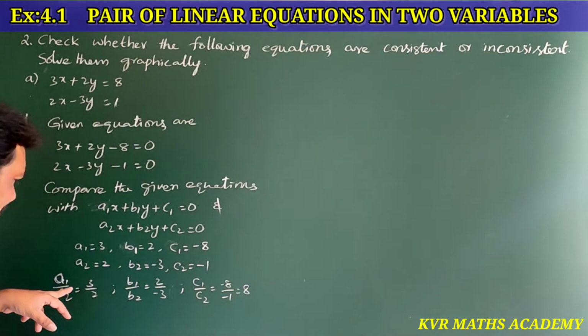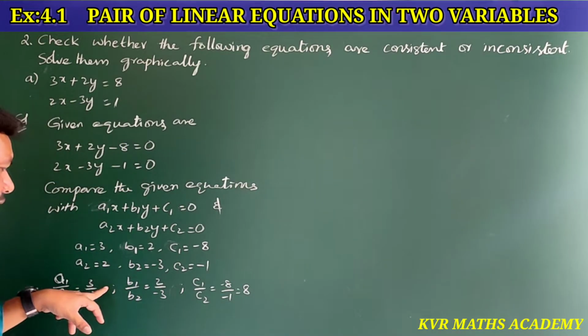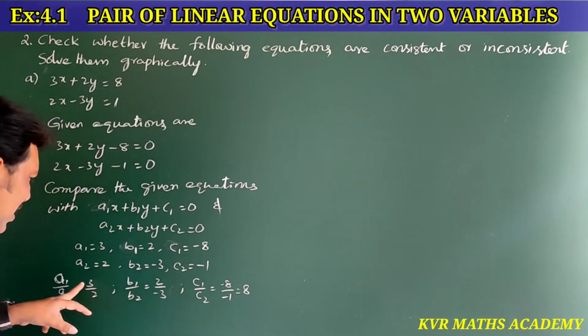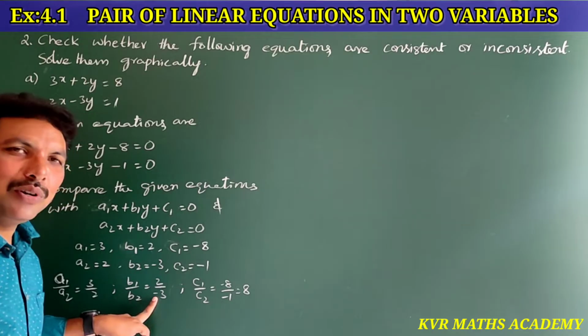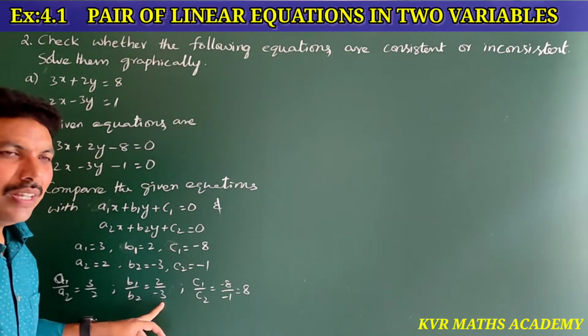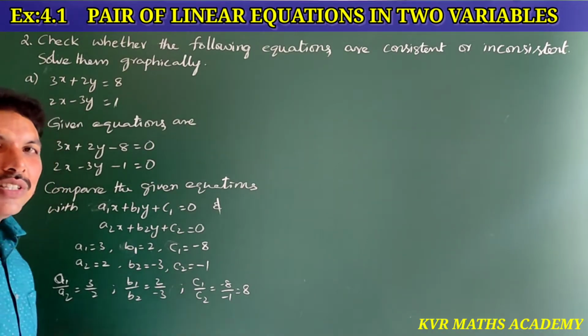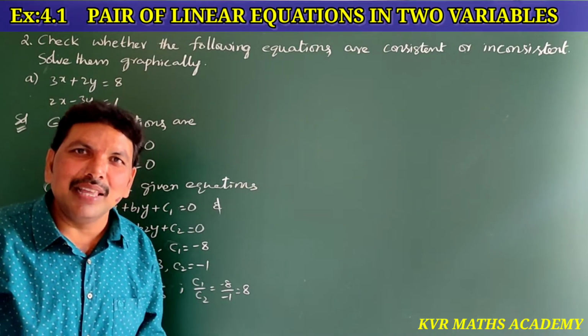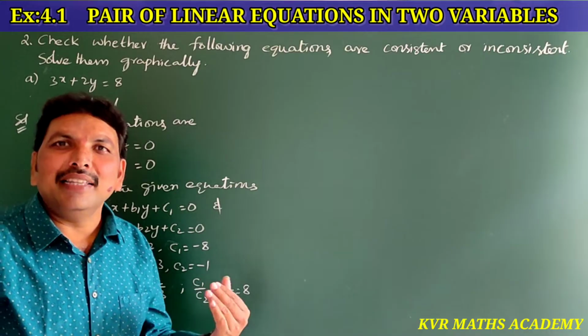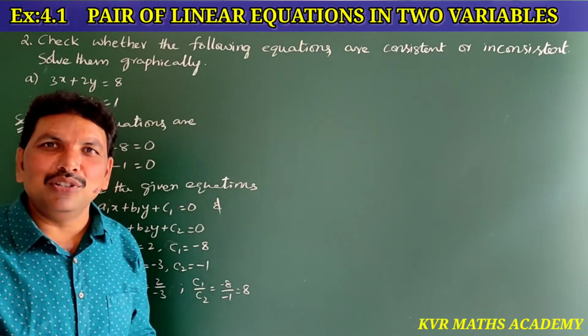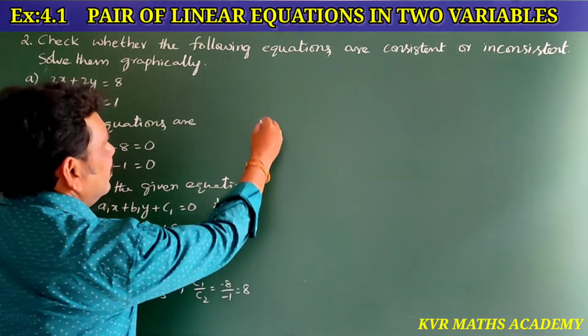Look here, a1 by a2 is not equal to b1 by b2. a1 by a2 is 3 by 2 and b1 by b2 is minus 2 by 3. So if a1 by a2 is not equal to b1 by b2, the given equations are consistent and they have a unique solution, isn't it? That is only, write down.